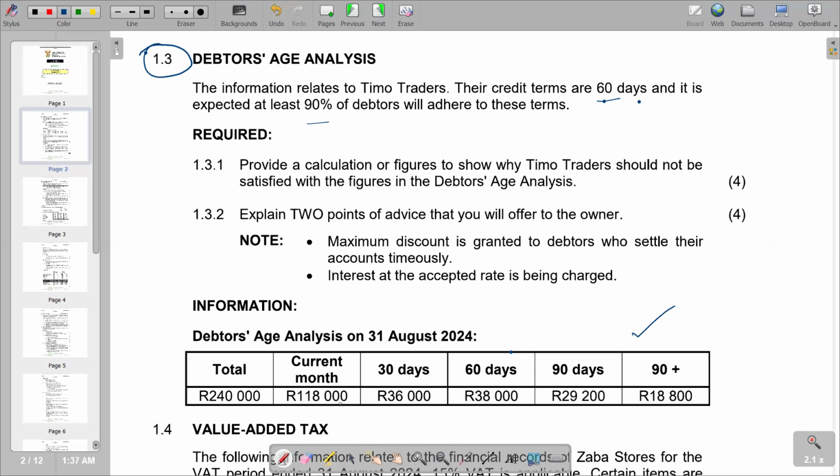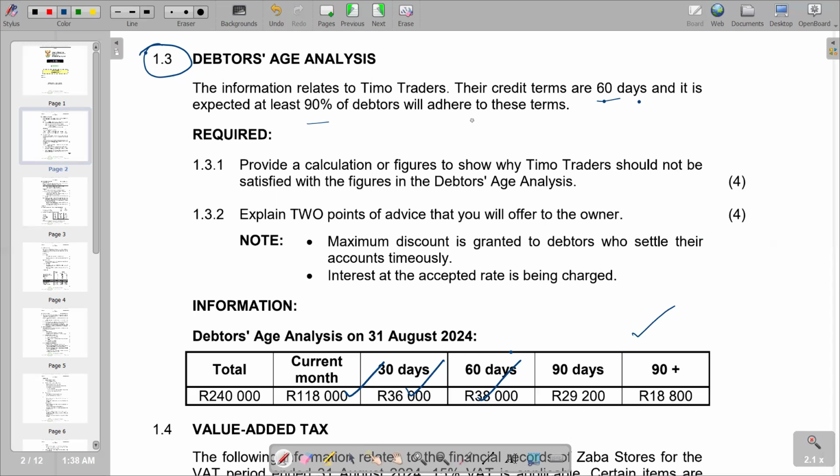So we've got 118,000, we've got 36,000, we've got 38,000. So it means we're going to add them. The total that we are going to get gives us the total of the debtors that are going with the credit term. So those that are over, we are not going to include them on this one, so that we can see whether it's reaching the 90% mark that is required for those that are adhering to the term.